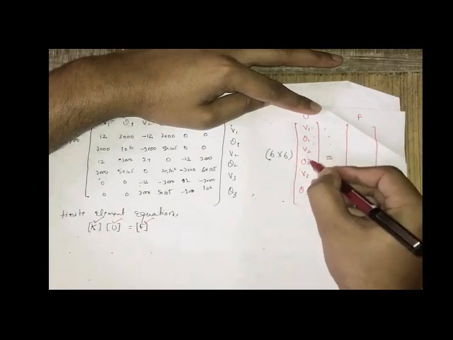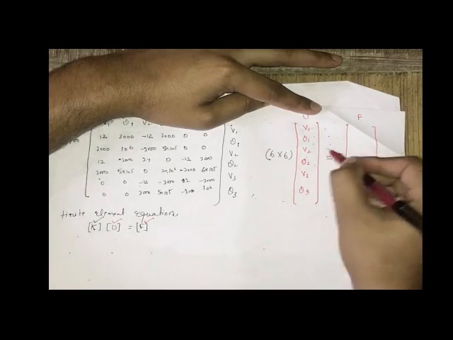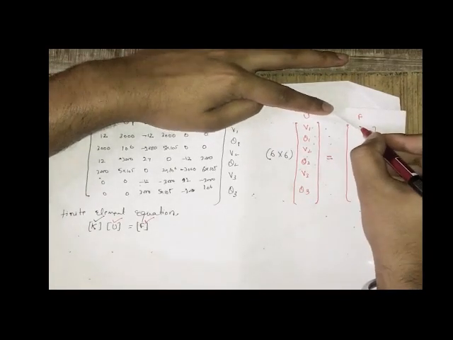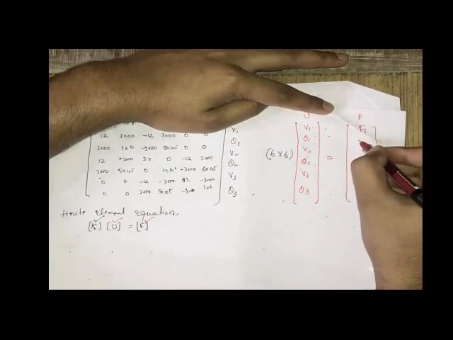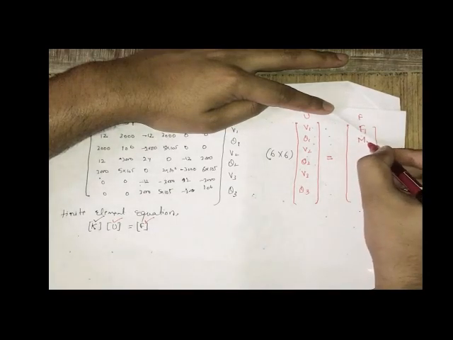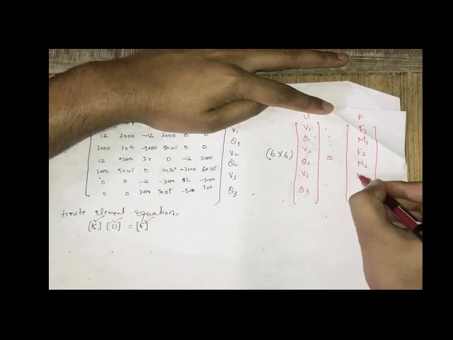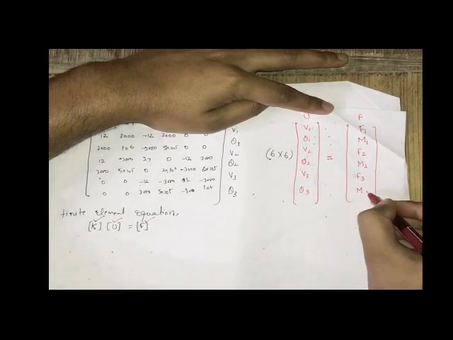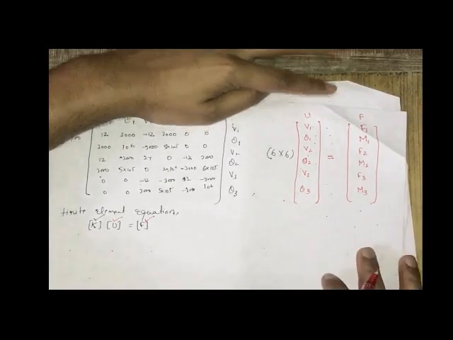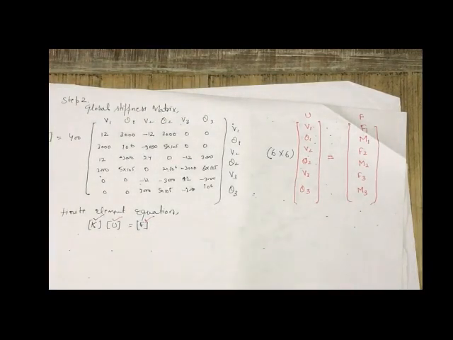So 1, 2, 3, 4, 5, 6. So the force vector is the shear force, that is F1, and the bending force M1. Next F2, M2, F3 and M3. So we have made the finite element equation formation.